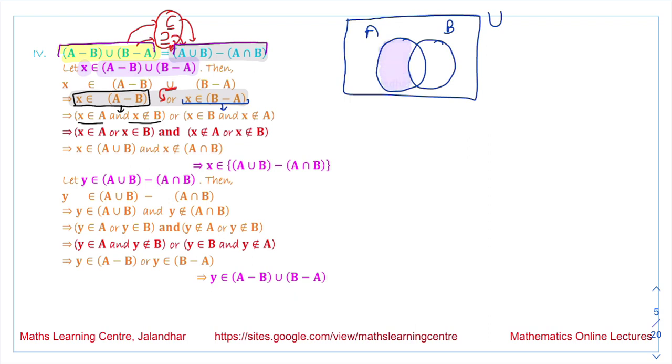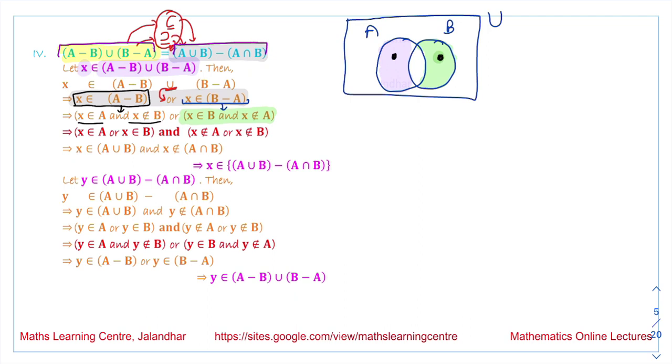X may lie somewhere in this portion of A. Second, X belongs to B and X does not belong to A, which means we are talking about this region over here. So X can lie in this region also.